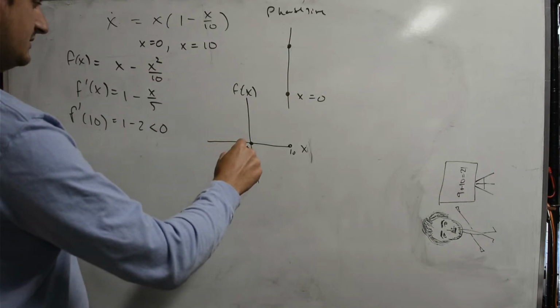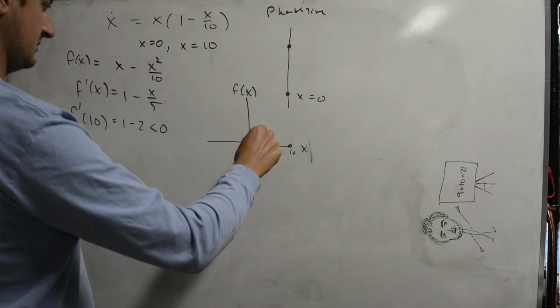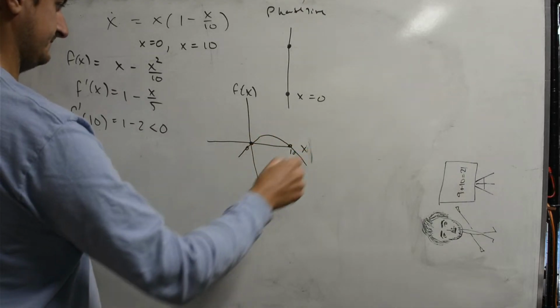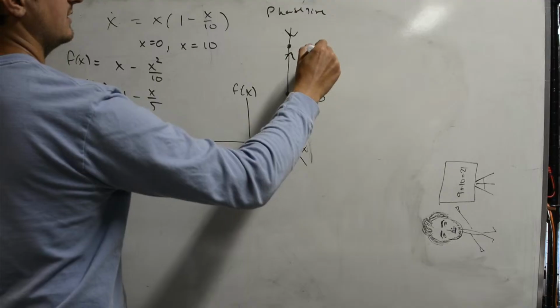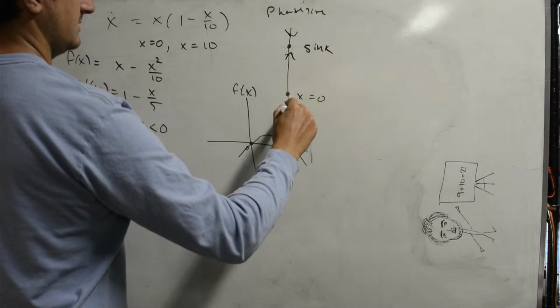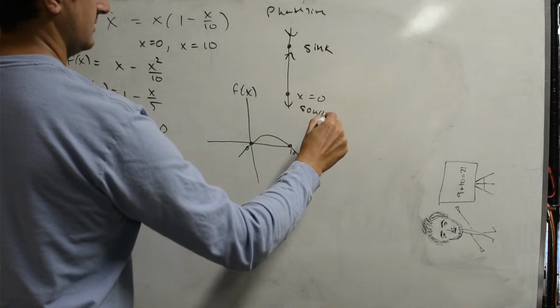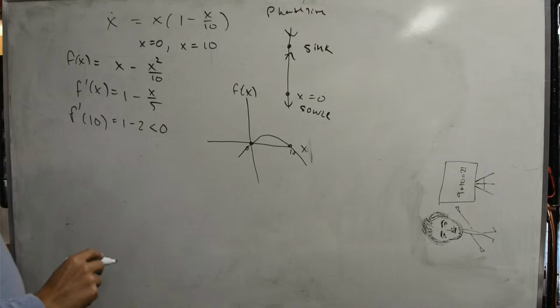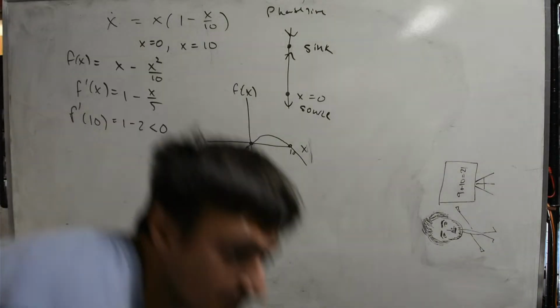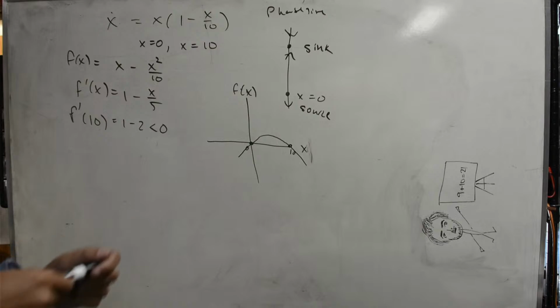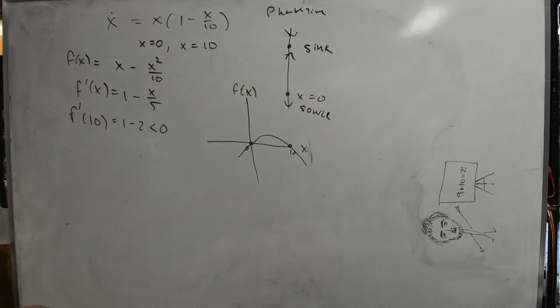So it's going to look like this. So therefore, this is a sink and this is a source. Okay. Are we getting everything? Yeah, we are. All right, let's do a 2D example then.